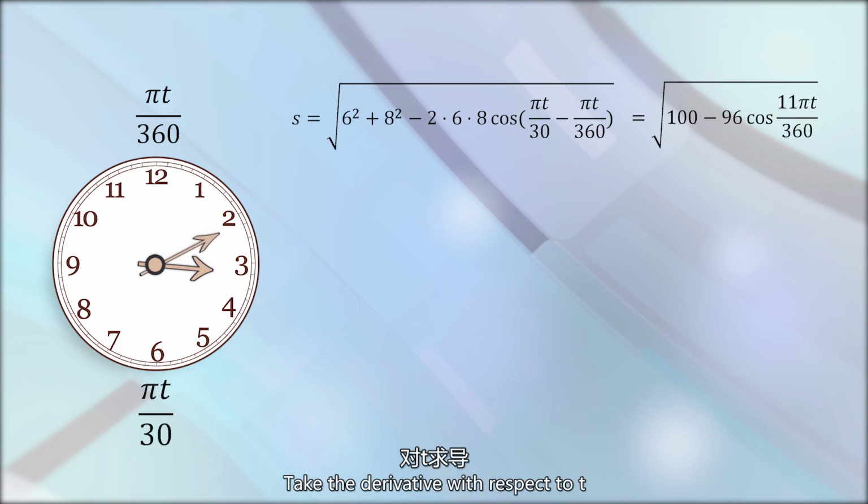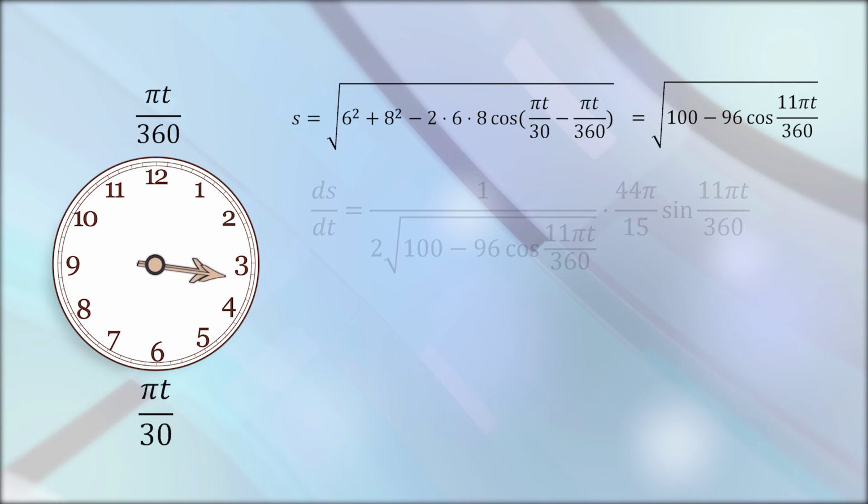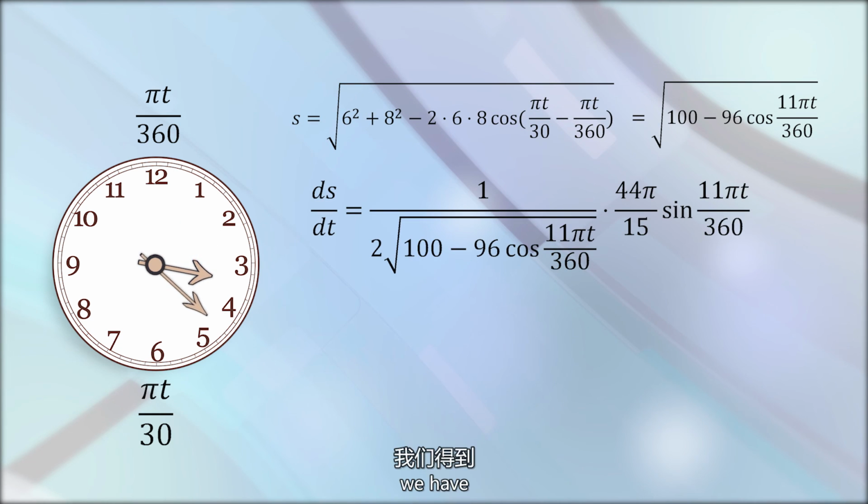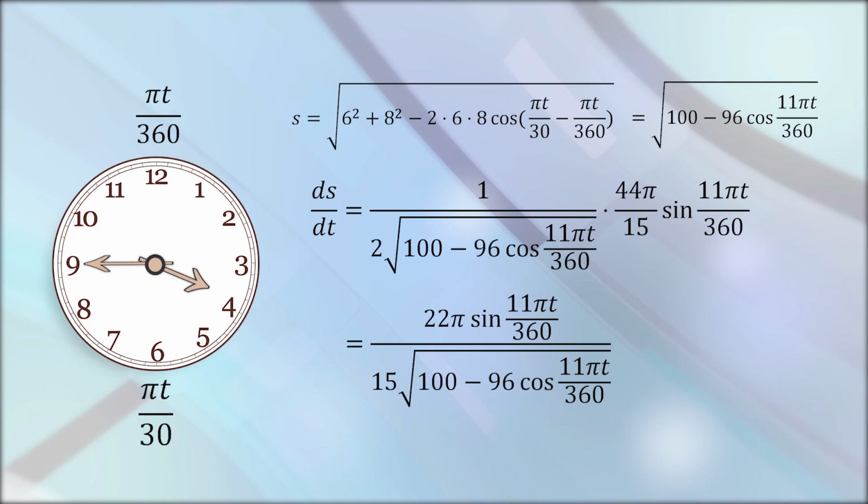Then we take the derivative with respect to t, apply the chain rule, we have this part. So ds/dt is 1 over this square root function, then times this part.